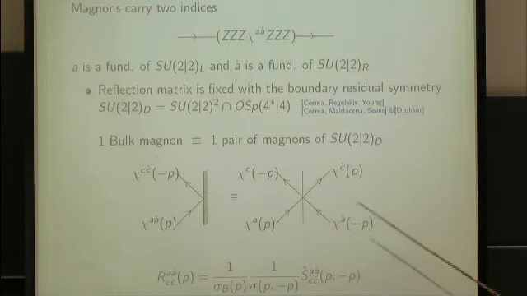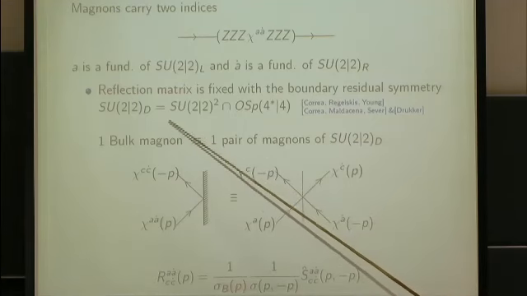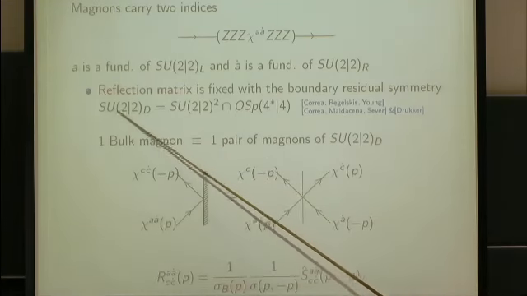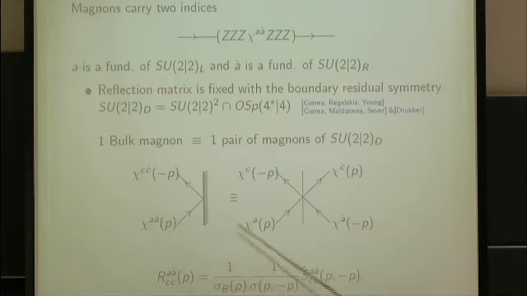So it turns out that this bulk magnon with these two indices becomes, when you consider it as a representation of this residual symmetry, a pair of magnons of this diagonal smaller group. And more precisely, it becomes a pair of magnons with momentum p and minus p.